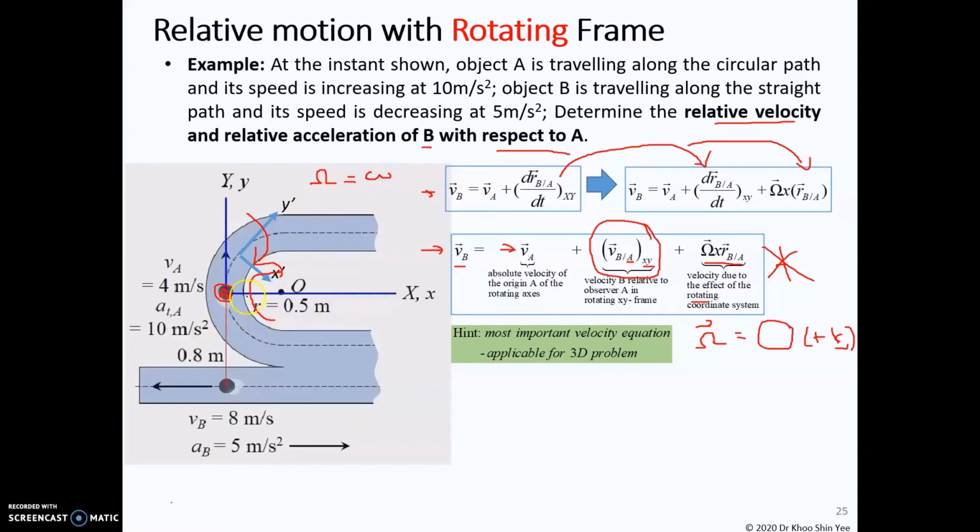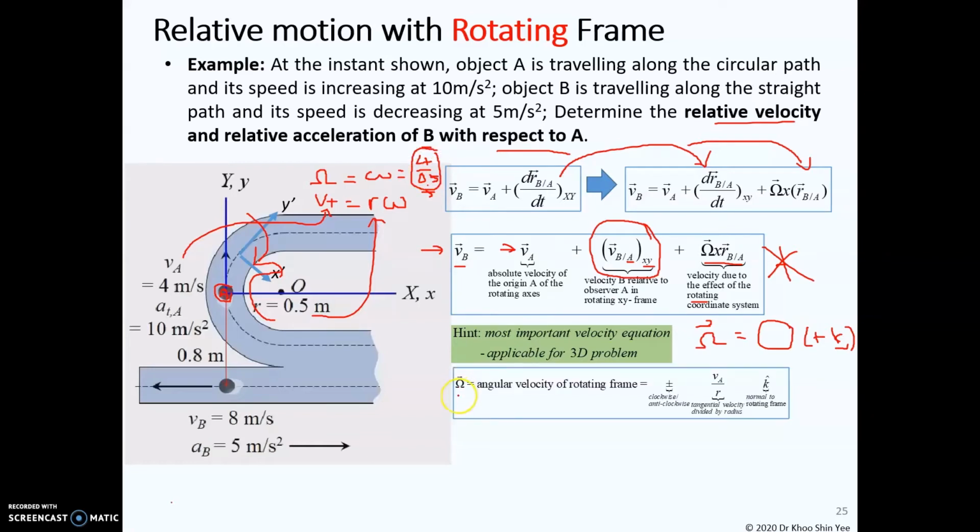To find omega, since you know V tangent for point A is equal to the radius R multiplied by omega, substitute V and the radius, and you can find omega equal to 4 divided by 0.5. So this is the magnitude of the angular velocity. In this case, the angular velocity of the rotating frame is equal to this.